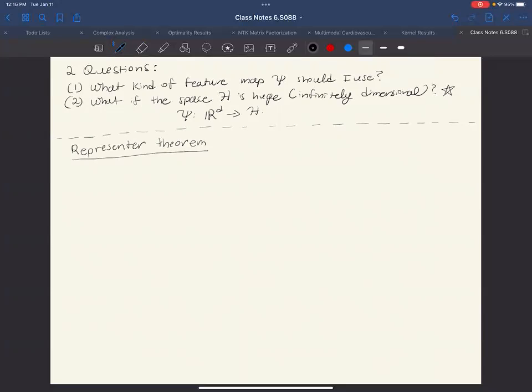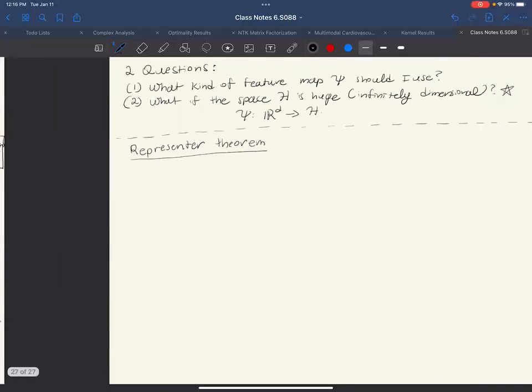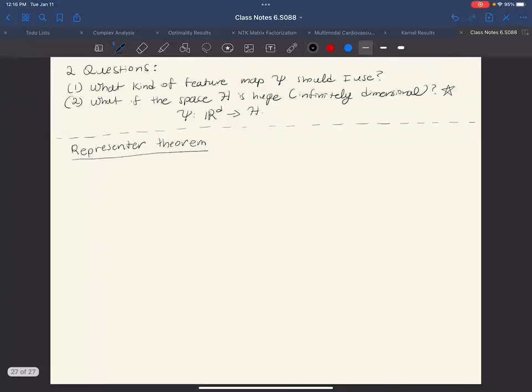Okay. So before we get into what this representer theorem is, let's go back to the analysis of linear regression and identify some key points from it. Recall, in linear regression, we use gradient descent to minimize this loss.